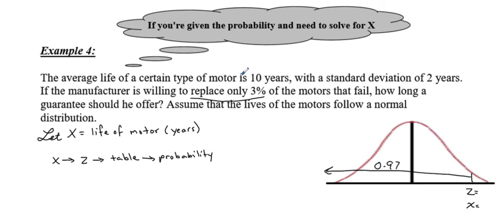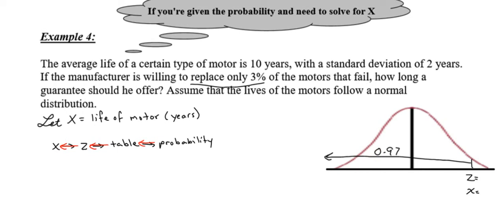So what we're going to do is actually take this in the opposite way. We're going to find the probability, look at the table, and from the table figure out the z-score, and then from the z-score figure out the x value. So let's start off with the probability. The probability is 0.97.